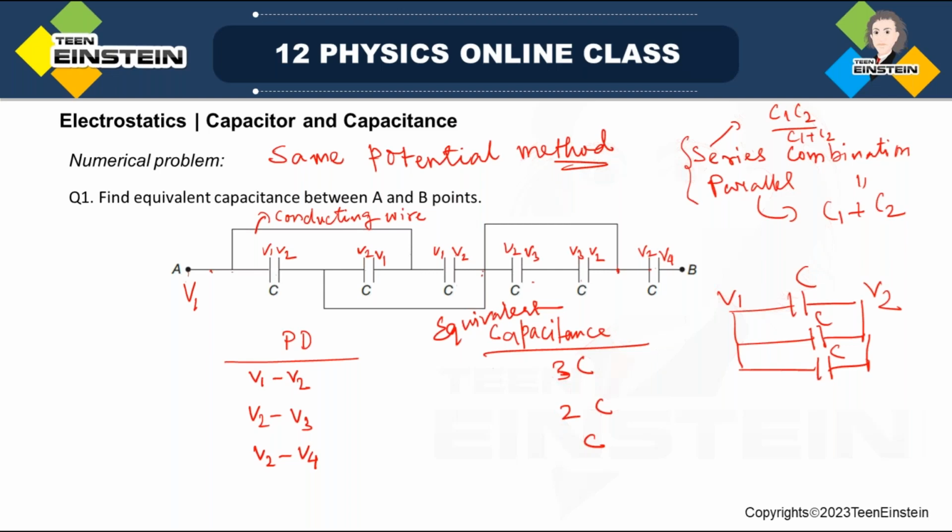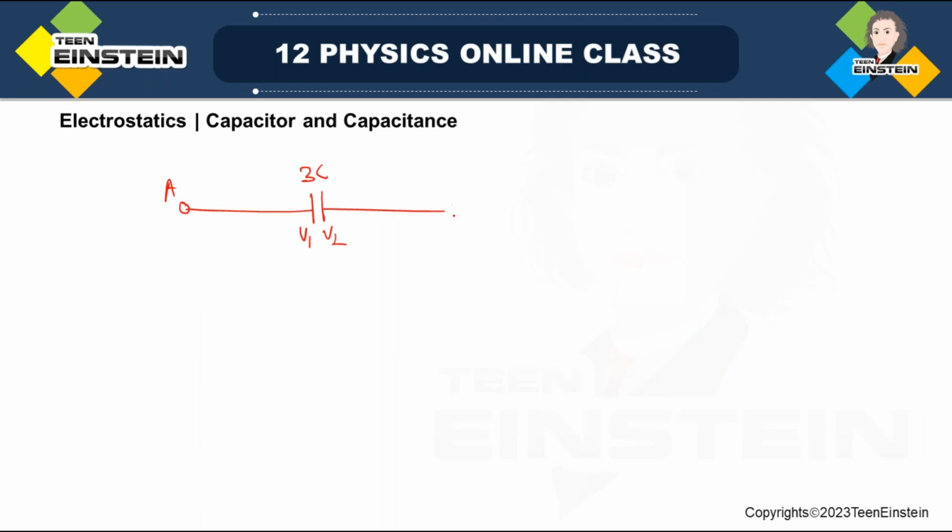Okay, so that we have to see here. So V2, V3 and V2, V4. So look here, V2, V3. I have how much? With 2C. So this is one terminal.